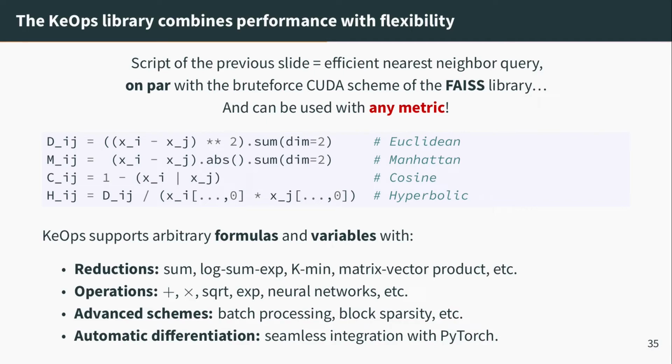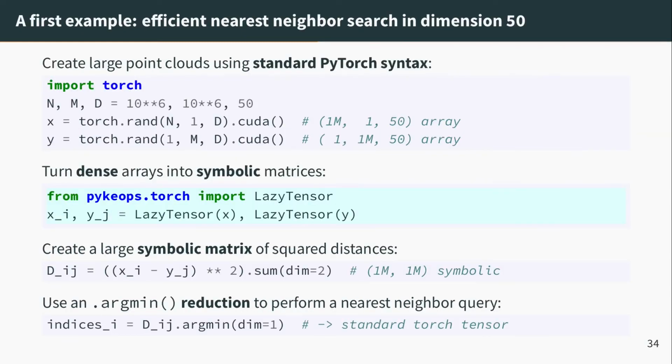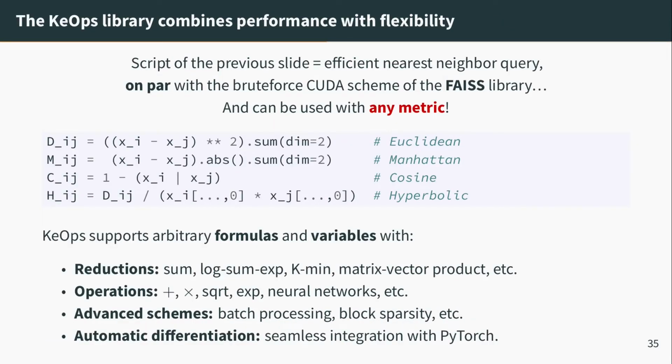The idea is that the KeOps library is all about allowing researchers to study other things than just Euclidean metrics. The script of this previous slide is basically as fast as it gets for brute force nearest neighbor search. It's on par, sometimes faster, sometimes a bit slower than the brute force CUDA scheme that is provided by the reference FAISS library.